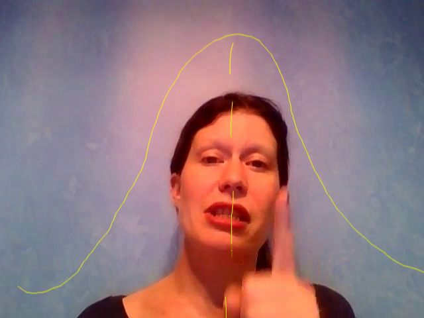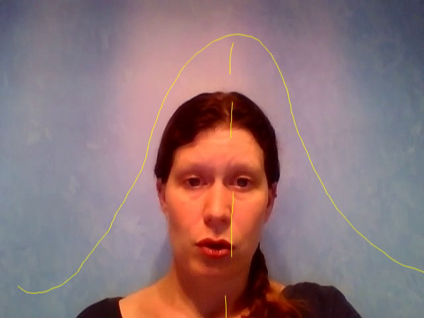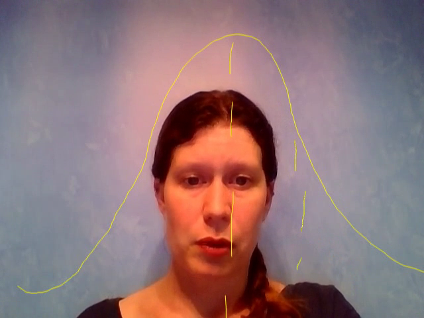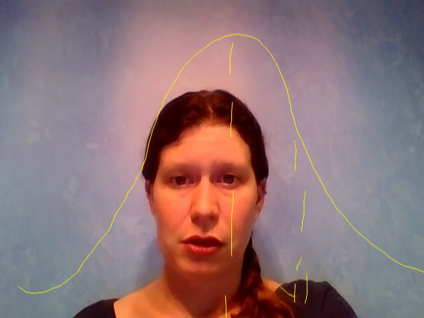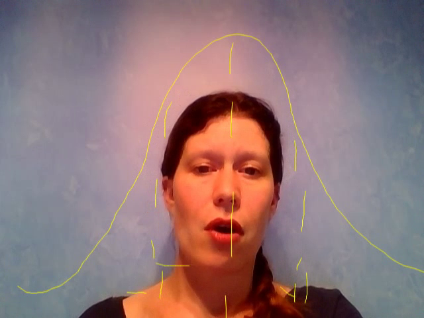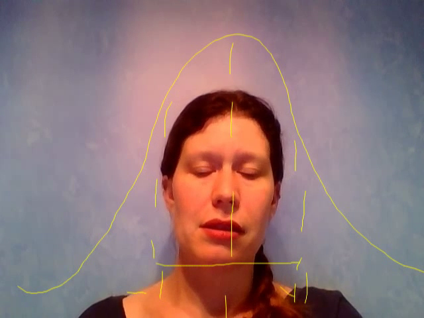If we look for data that is one standard deviation away from the mean, we'd say it's about here. This is +1. And if it's over here, this is somewhere around -1. And we would say that 68% of the data fall between these two lines.